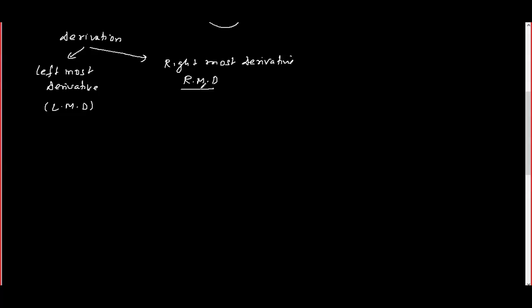So LMD means, consider any grammar given here, S derives AB, where A is small a and B is small b. When you are doing the LMD method, first we should substitute in the place of the left-hand side non-terminal. When it becomes a terminal, only then can you go to the next non-terminal.